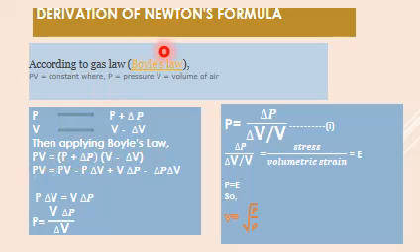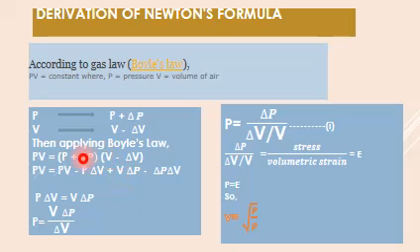Now you have to take this delta V from this side of the equality to the other side, and it becomes P is equal to V delta P upon delta V. Now I can also write it like this, delta P upon delta V upon V. It is a factor known as stress over volumetric strain, where delta P is the stress because pressure is equal to force per unit area, and delta V upon V means the change in volume per unit volume, which is represented as volumetric strain.